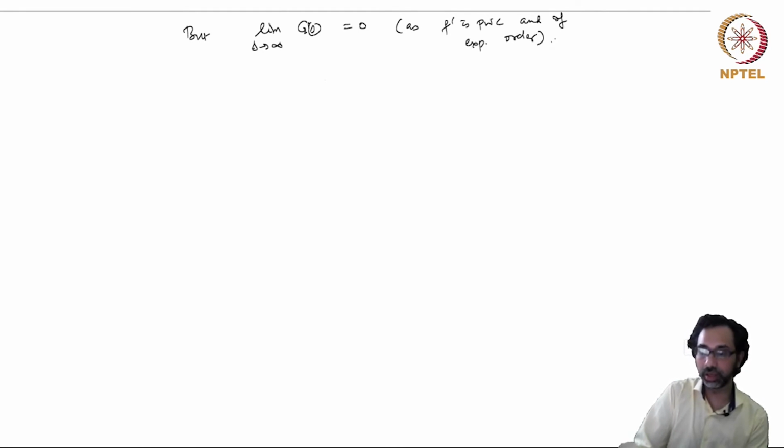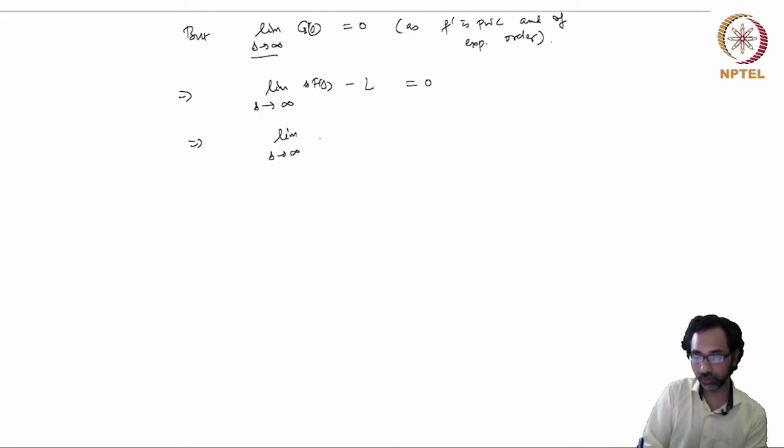So this is the asymptotic behavior of the Laplace transform as s goes to infinity, and we have seen this property before. So this implies that the limit as s goes to infinity of sF(s) minus L is equal to 0, and so the limit as s goes to infinity of sF(s) is equal to L, which is the same as the limit as t goes to 0 plus of f(t).